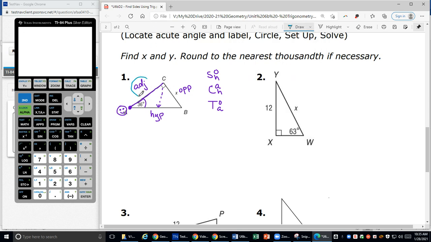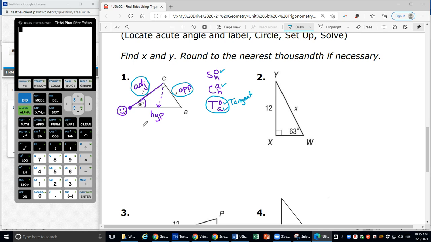I know the adjacent side is 7, and I know the opposite side is x. Okay, so which trig function am I going to use? I am going to use tangent.